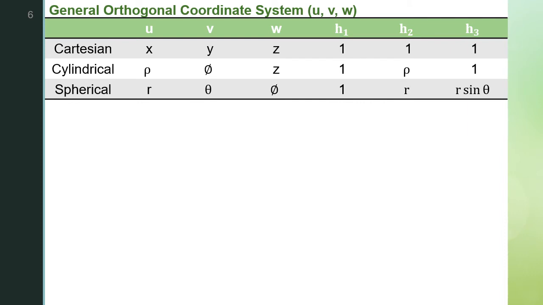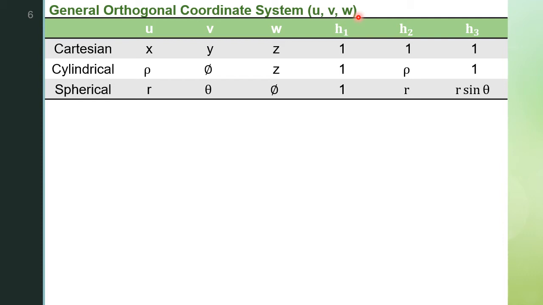So, till now we have learned three main coordinate systems. One is Cartesian, one is cylindrical, and one is spherical. Now, I'll generalize the coordinate system to be UVW coordinate system, which is an orthogonal coordinate system with three coordinates U, V, W. The corresponding three unit vectors are AU cap, AV cap, and AW cap.